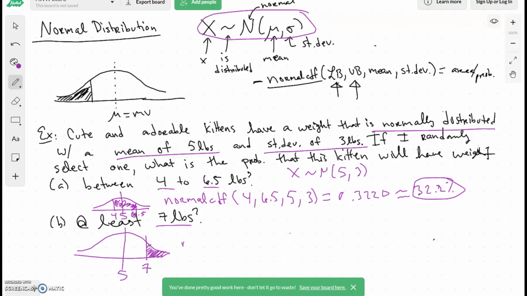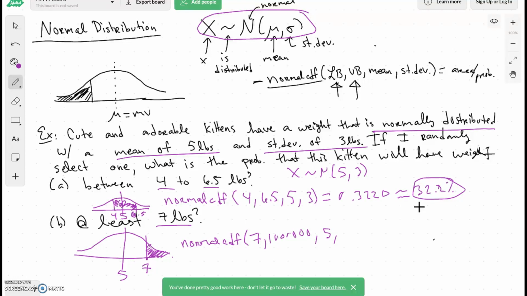So what are we going to use? Normal CDF. My lower bound in this case is going to be 7 because that's where the area starts. Where does the area end? Well, my area ends all the way to infinity, so I just have to write a really, really big number. I can write 1 with a whole bunch of zeros if I want. My mean is still equal to 5.